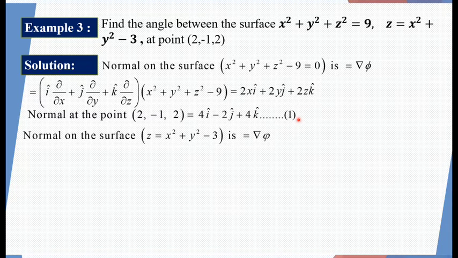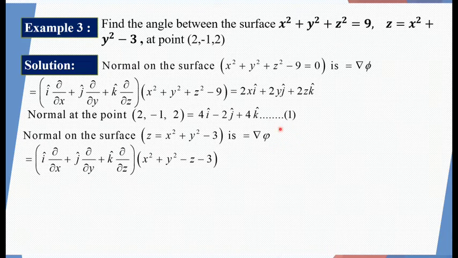Again, similarly, the normal to the surface z equals x square plus y square minus 3 is, suppose, del psi. So the value of del is the same, i del over del x plus j del over del y plus k del over del z, and psi is x square plus y square minus z minus 3.